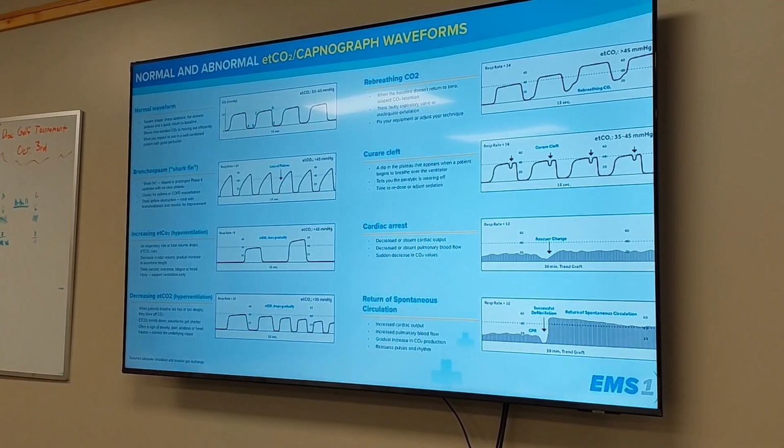If you have a patient that you're doing CPR on, and you've got the capnography hooked up, and you're bagging them, do you get normal waveforms? No. Why not? Well, in cardiac arrest you're going to get something because you're breathing for them, but it's not a normal waveform.